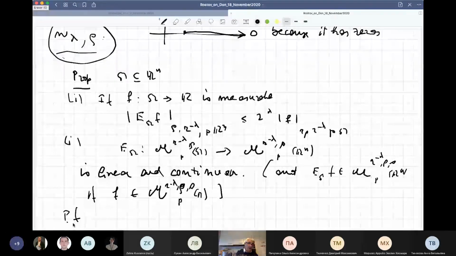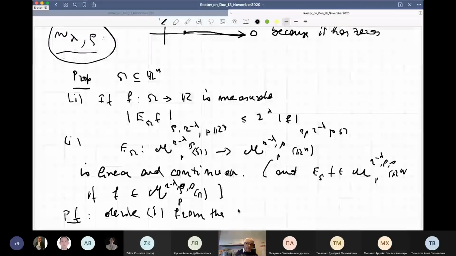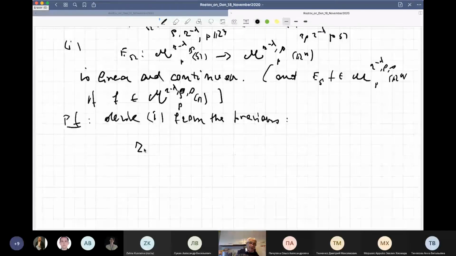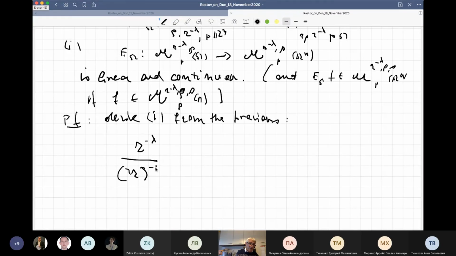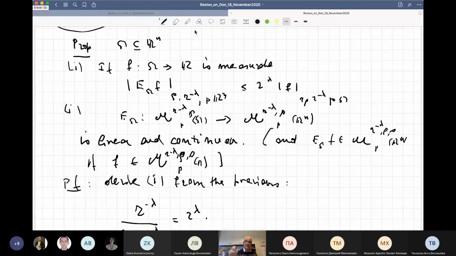Derive it from the previous: R to the minus lambda over 2R to the minus lambda equal to 2 lambda. And then exercise. Once we have the inequality 1, we do 2 very rapidly. And it is a small exercise. Include the exercise in the minutes.